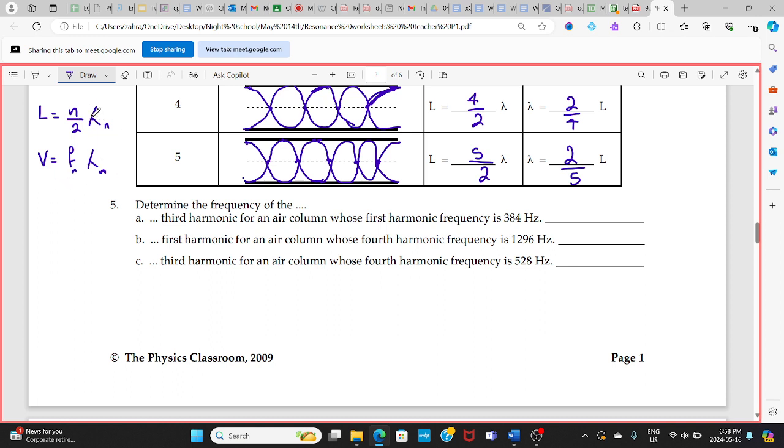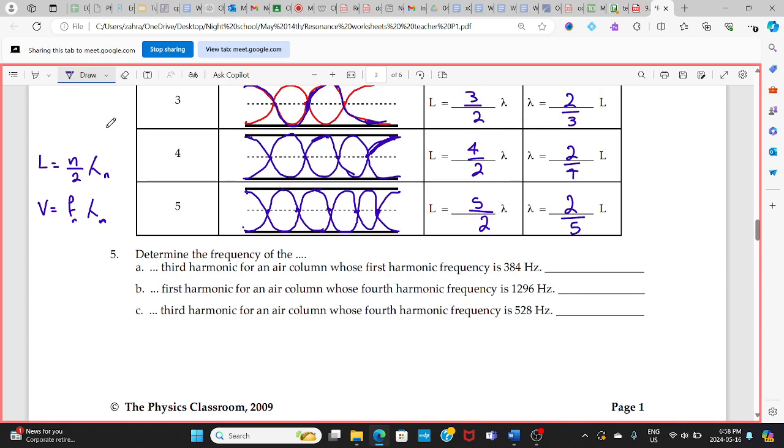And I'm going to rearrange for lambda n. So lambda n is equal to 2L over n. And instead of the lambda n, I will substitute 2L over n, right?